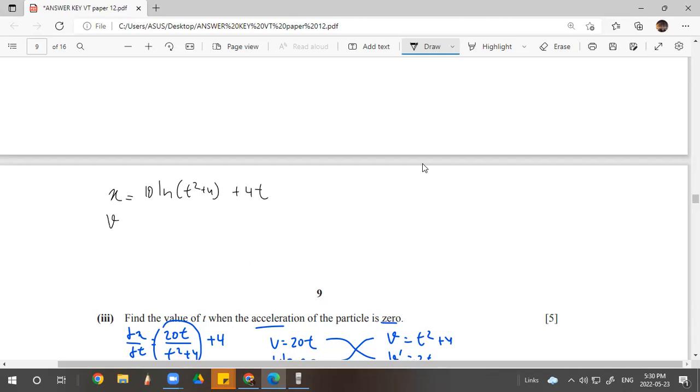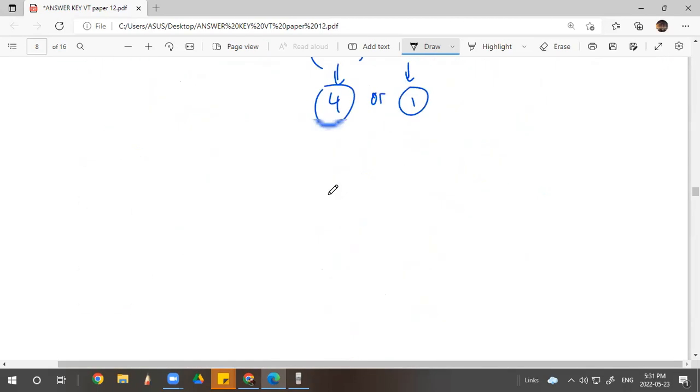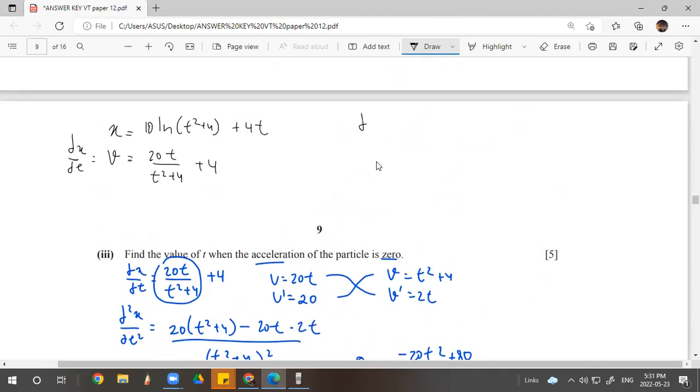And then the v, or dx/dt, the first derivative, equals 20t over t squared plus 4. We did it previously, right? This one. Okay. And then the second derivative will equal d squared x over dt squared. So this is the first derivative. This is the second derivative. So x becomes v. This becomes acceleration.